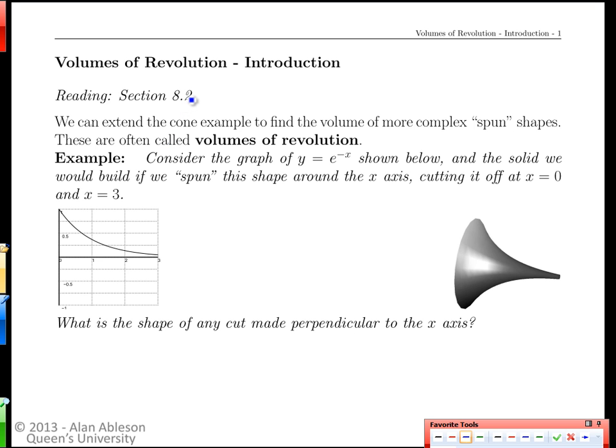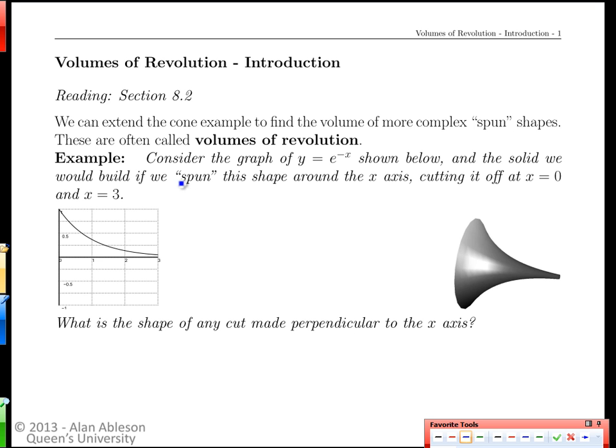Having looked now at several slicing models for computing volumes, we're going to generalize this to an area called volumes of revolution. Let's see how this works. Imagine the graph of y equals e to the negative x, the exponential decay graph, shown here. How do we get a volume out of a graph?